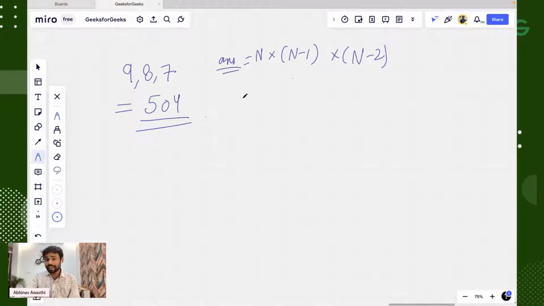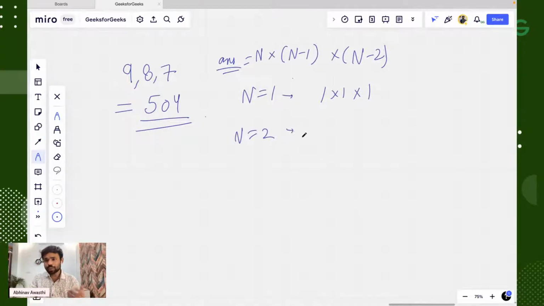But what if n is 1 and what if n is 2? So guys, the case when n will be 1 and n will be 2, the answer will be n only, because you can see for n there is only one possible solution, 1 into 1 into 1. Obviously, because the numbers less than or equal to 1 are just 1, 1 and 1, because we can't take 0.